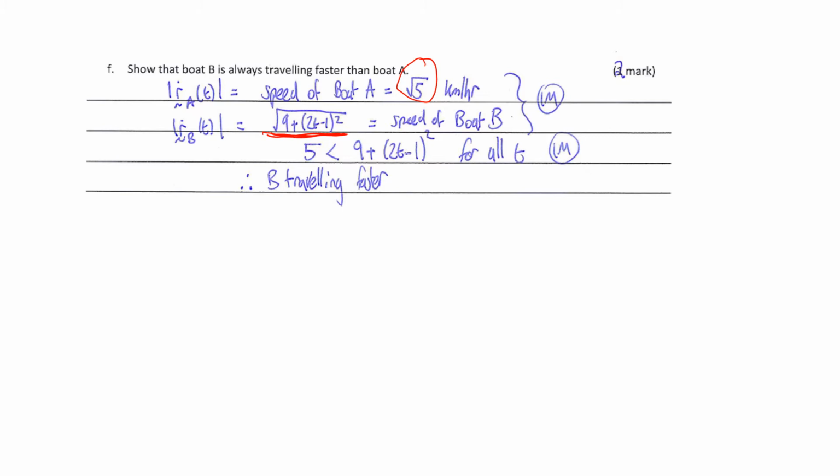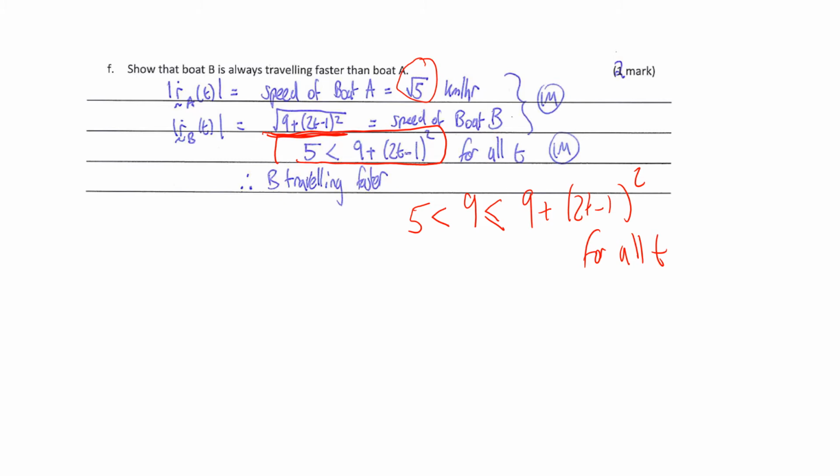And it's enough to state that 5 will always be less than 9 plus (2t minus 1) squared, because regardless of what t is, any value of t from 0 onwards, 5 is strictly less than 9, which is less than or equal to 9 plus (2t minus 1) squared for all t.